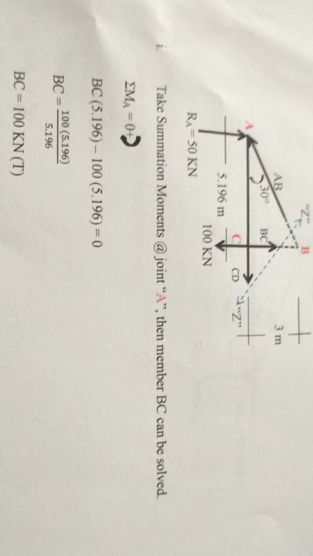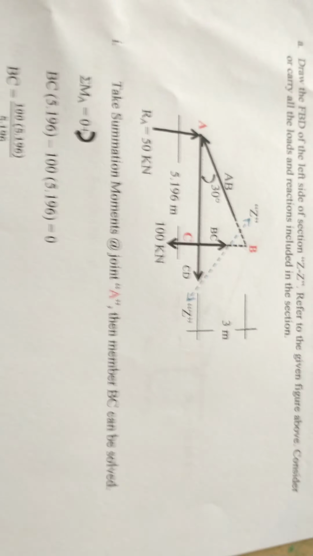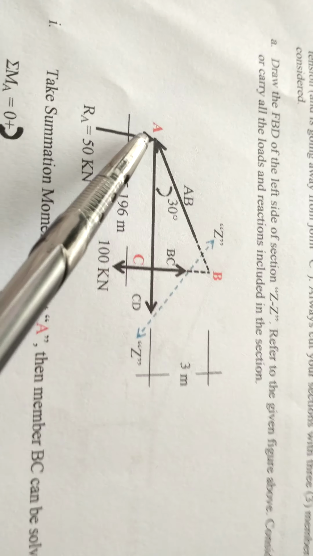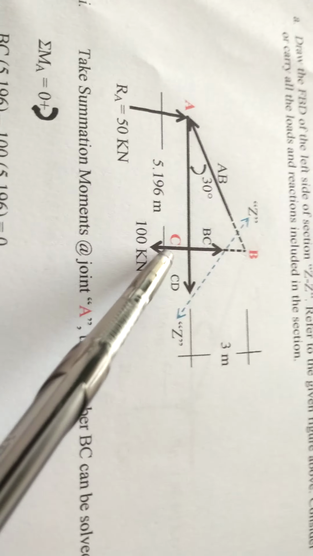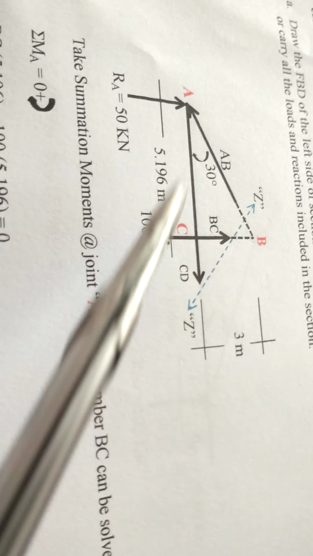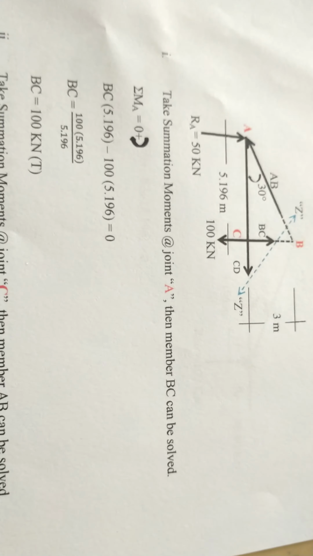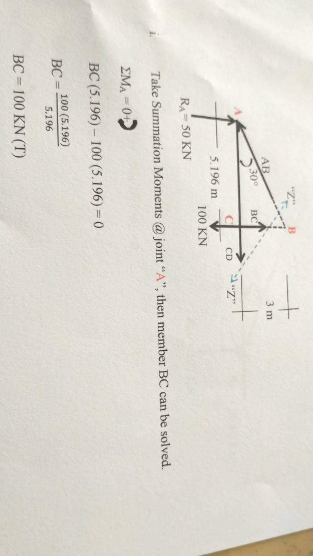You now take summation moments at joint A, then member BC can be solved. If you take moments at joint A, AB will be eliminated, 50 will be eliminated, CD will be eliminated. So we have this and this, because they are 5.196 apart from joint A. So we have summation moments at A equal to 0, positive clockwise moments.